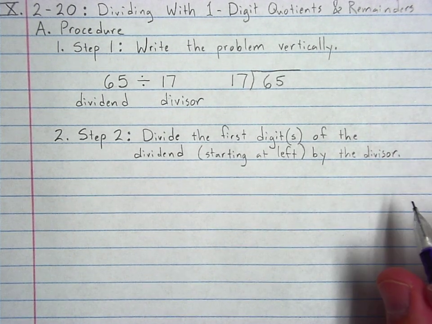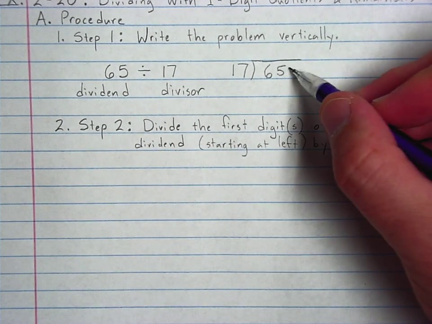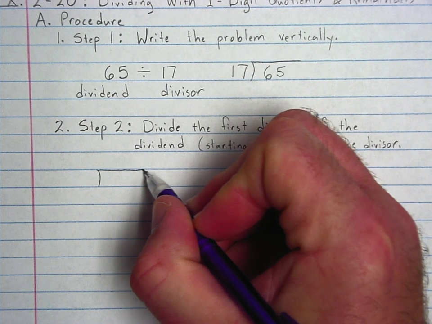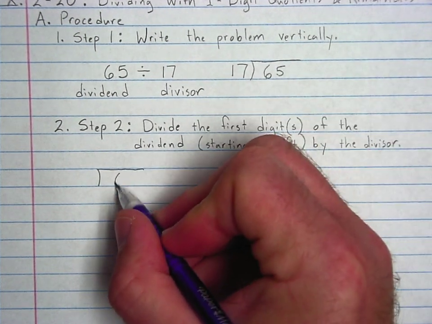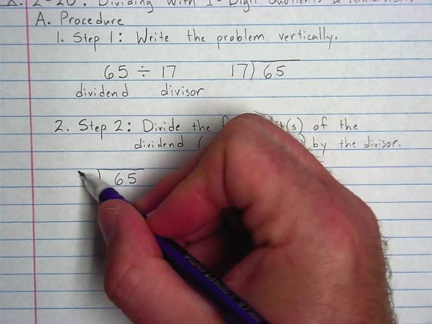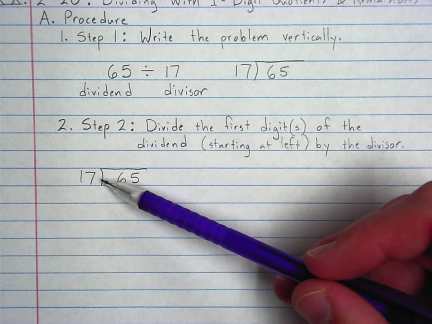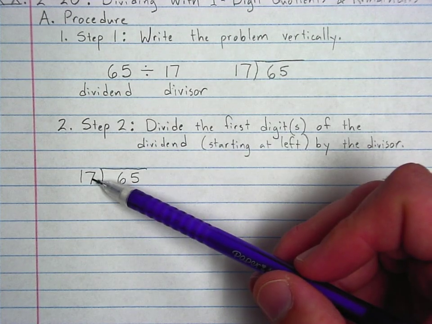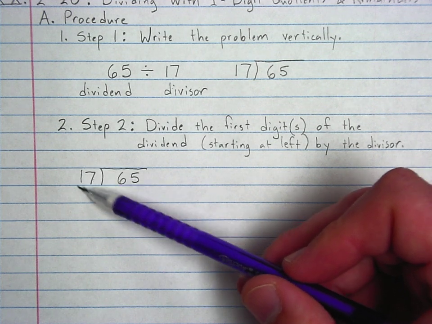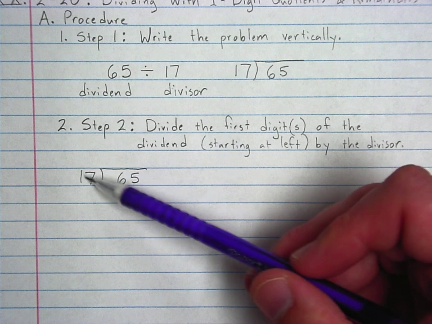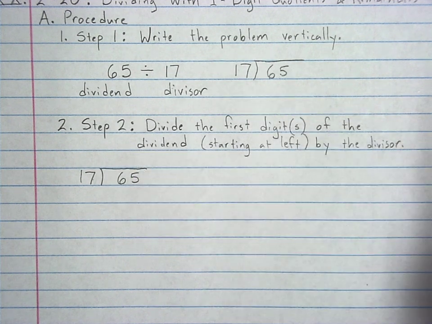Okay. Now, I'm going to copy this down here. We have our hut, dividend on the inside, divisor on the outside. Now, in some cases, 17, I could put this into the first digit. Not if it's double like this. No, 17 is not going to go into 6.